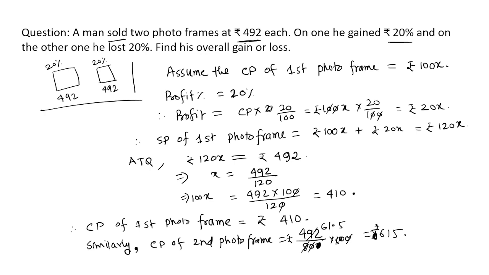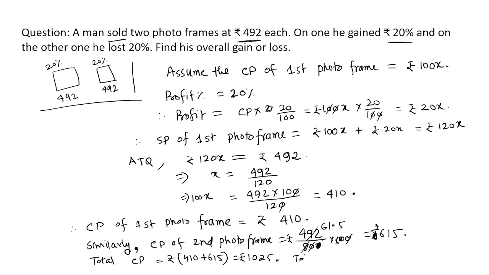So what is the total CP? Therefore the total CP equals rupees 410 plus 615, and that is nothing but 1025. So this is the amount he requires to buy them, and the total SP is how much?